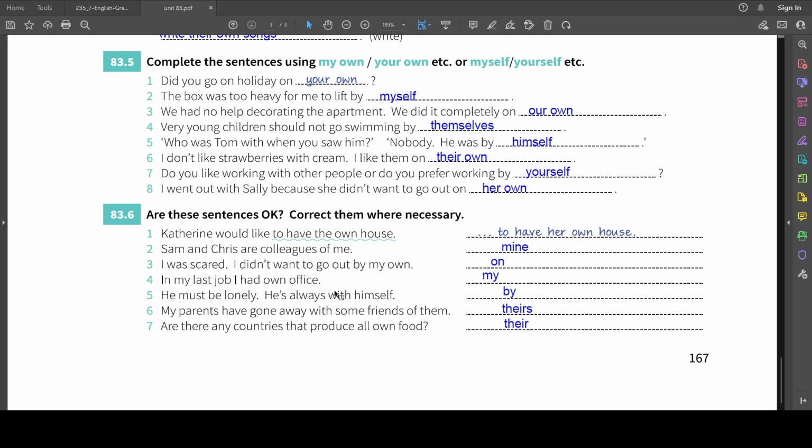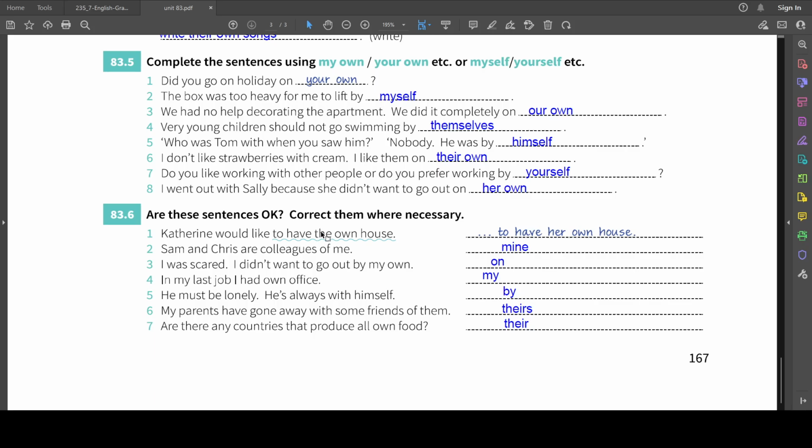Okay, let's move on. The last one. Are these sentences okay? Correct them where necessary. For example, Catherine would like to have their own house. So the correct answer is Catherine would like to have her own house. Her own house. Okay.